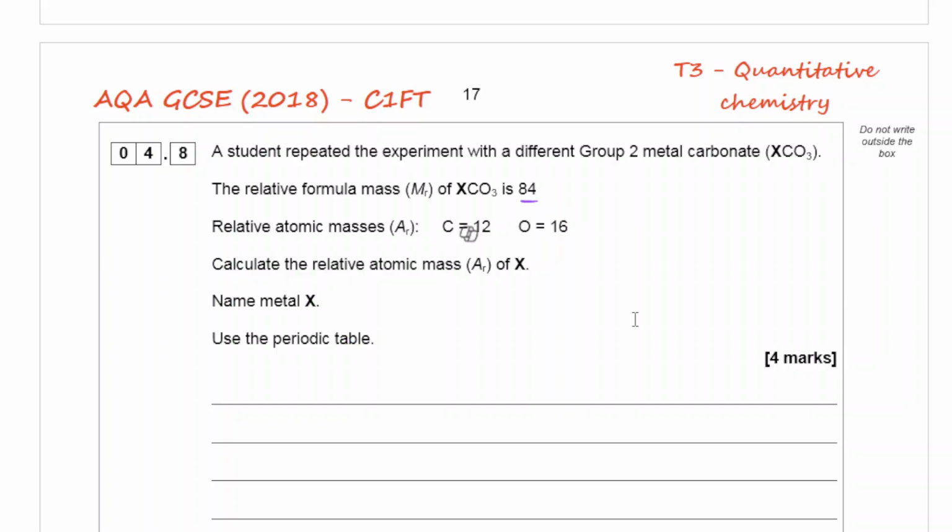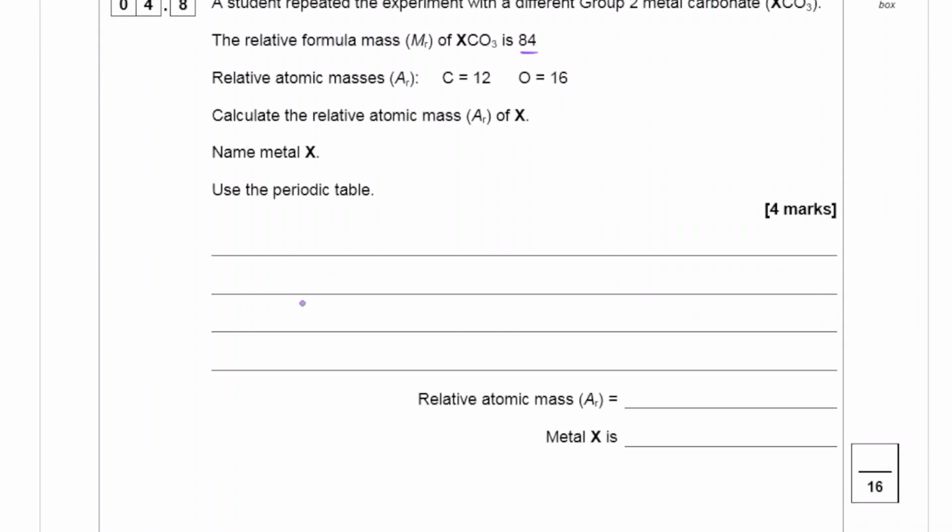So the relative formula mass of XCO3 is 84, which is basically saying the entire mass of XCO3 is 84. So the mass of X plus 1 carbon plus 3 oxygen.